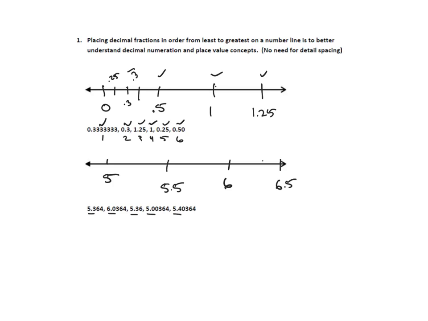And so this 6, now the 4 right here is actually in the tenths, hundredths, thousandths, 10,000ths. So that is just a little bit more than 6. And then this one's just a little bit more than 5.